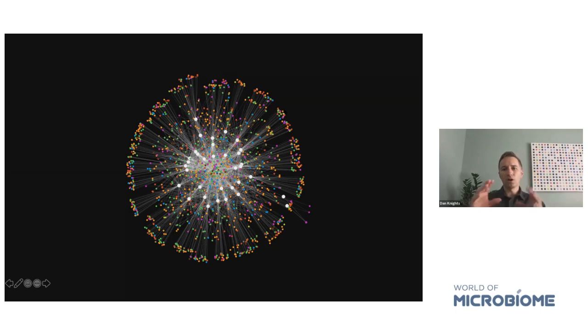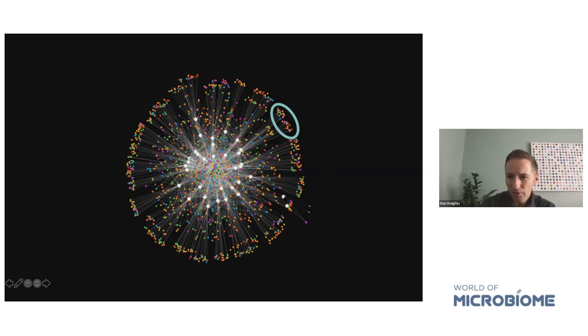And the foods are arranged to be close to someone who's eating them, but also far away from someone who's not eating them. And what you can see is that there are some foods in the middle, like this is dairy, bread, that are eaten by most people or many people. But then there are other foods on the periphery, most of the foods, that are only being eaten by 1 or 2 or 3 people.